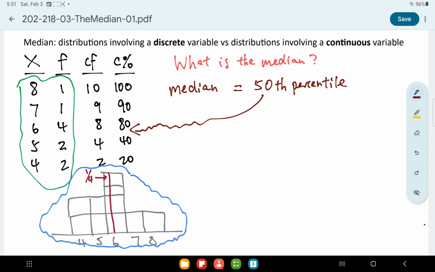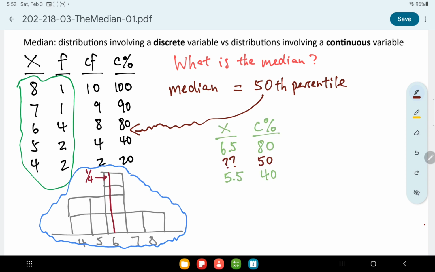So now we know the 50th percentile will be somewhere between the 40th percentile and the 80th percentile, which means the score that corresponds to the 50th percentile, or the median, will fall somewhere between x equals 5.5 and x equals 6.5. Do not forget to include the consideration of real upper limits and real lower limits.